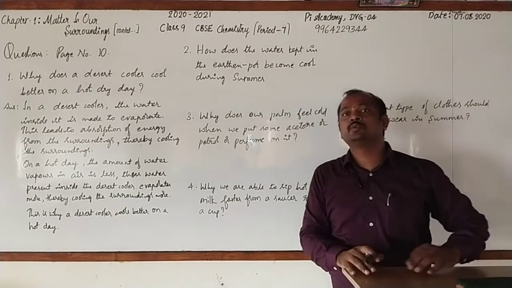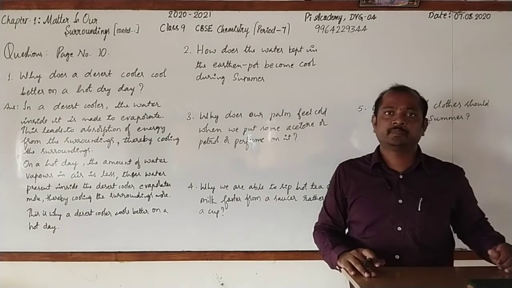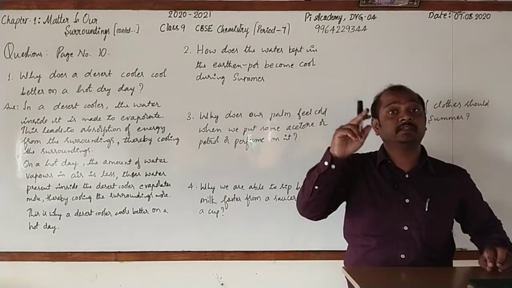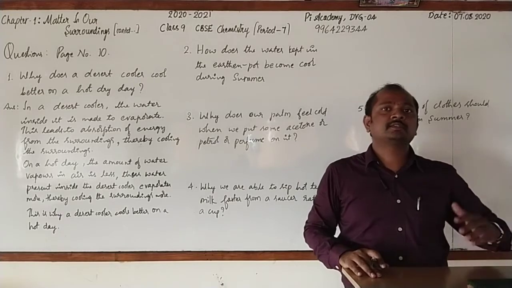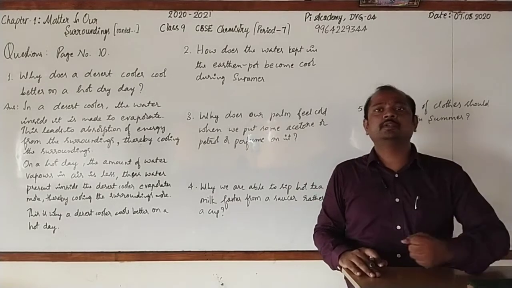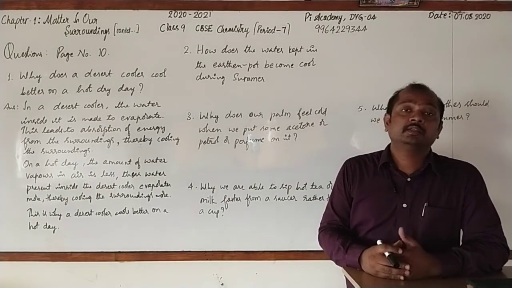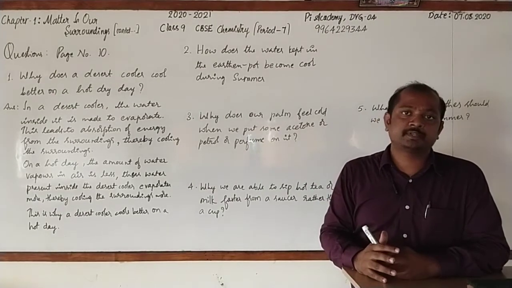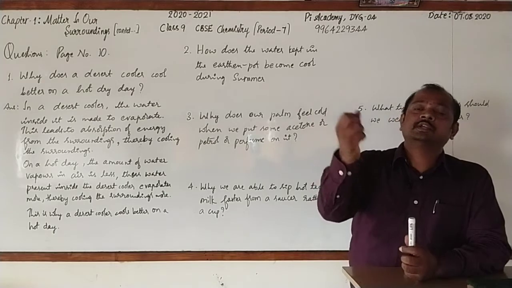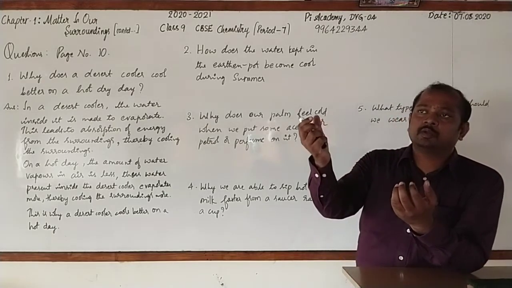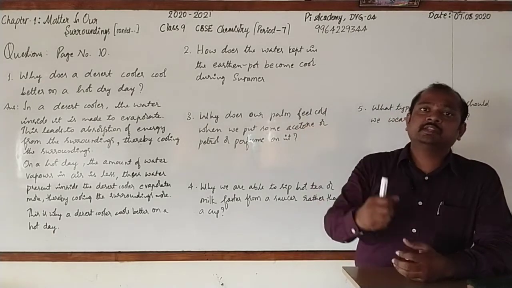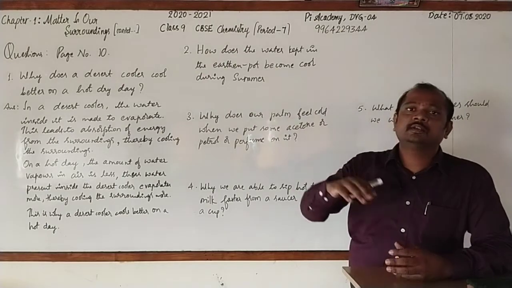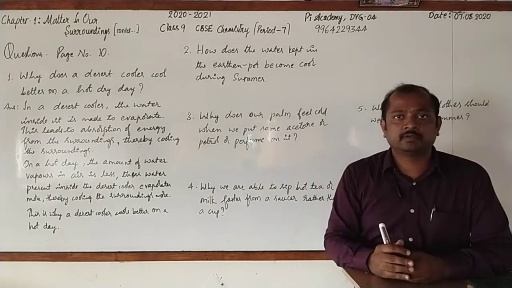Dear students, you know that on a hot day, fewer water vapors will be present in the air, right? Whereas on a cold day, it is nothing but humid. If it is a humid day, more water vapors will be present in the air, so it is very difficult to get the heat energy from the surroundings to make the water present in the desert cooler evaporate, right?